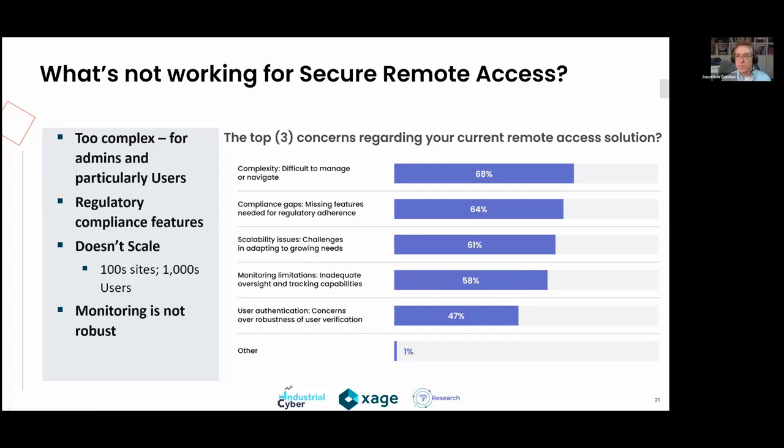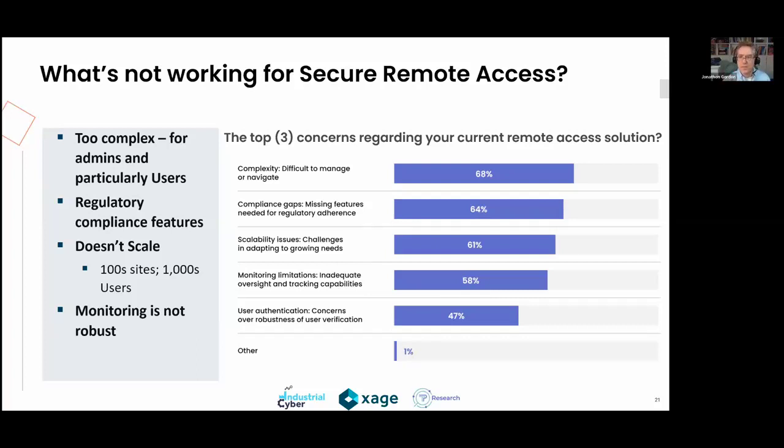It's evident when we looked at the maturity model and from the responses that people already often have some sort of remote access solution and some sort of security in place. You mentioned VPNs, and that's quite common. Some people unfortunately still have direct access to the internet as well, or jump boxes in place. So we asked them, what are the top three concerns regarding the current solution in terms of cybersecurity?